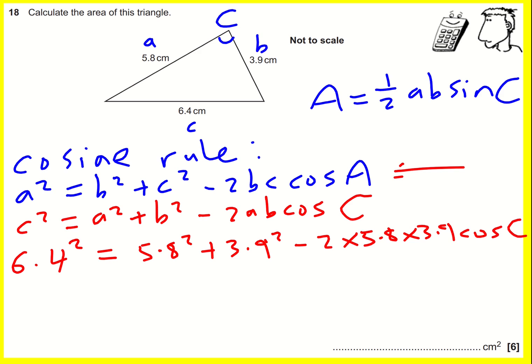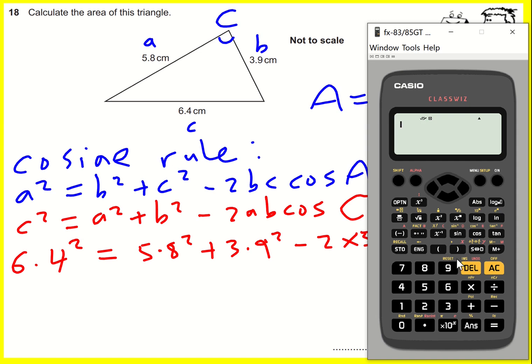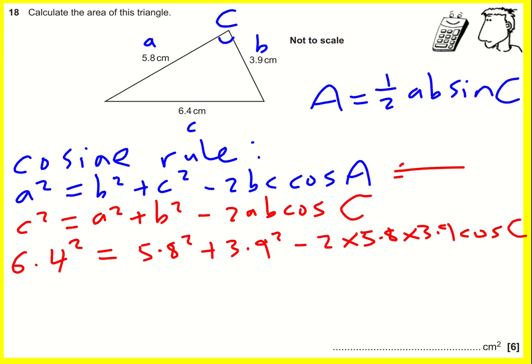cos capital C. I can now work out what some of these are, so I can do some rearranging while I'm at it. I can do 6.4 squared, and then I'm going to minus the 5.8 squared, and I'm going to minus the 3.9 squared. So I've got minus 7.89.